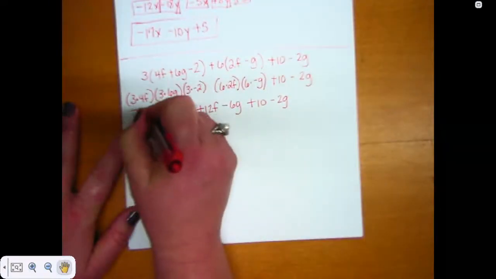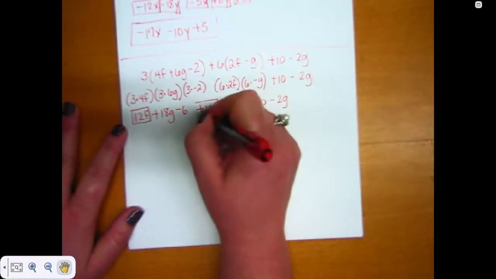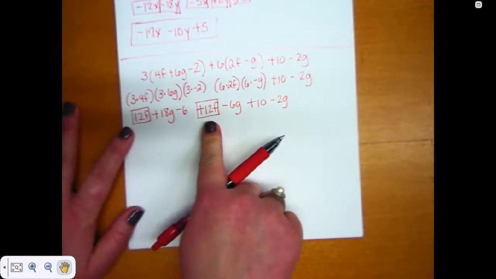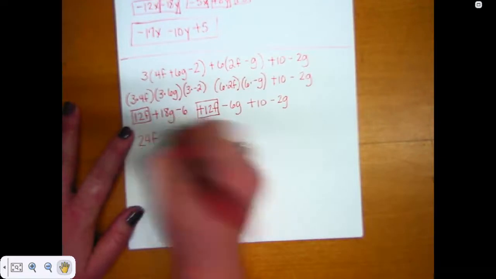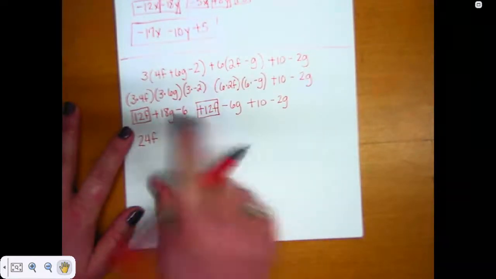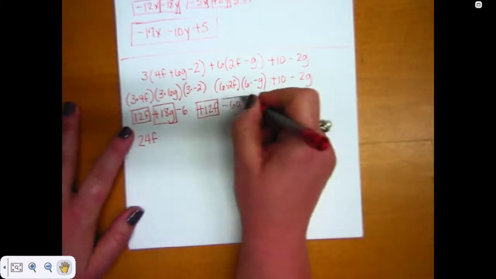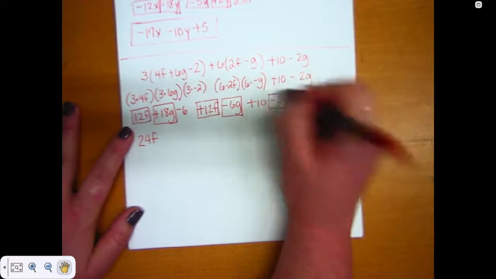We have a positive 12f and another positive 12f, and their signs are the same, so we'll add and we'll get 24f. Now we'll look for g's. We have a positive 18g, we have a negative 6g, and we have a negative 2g.